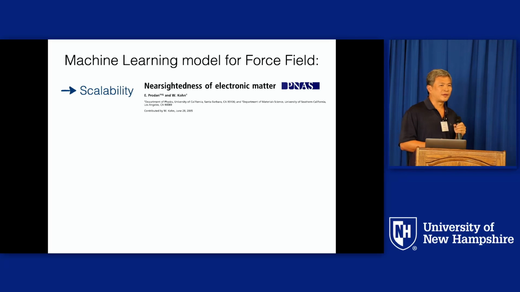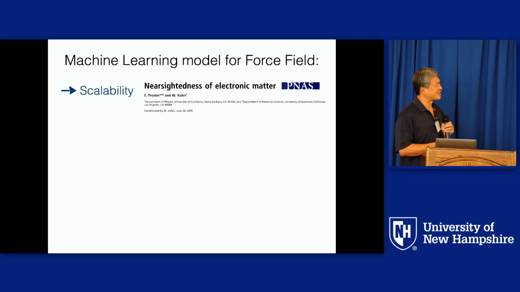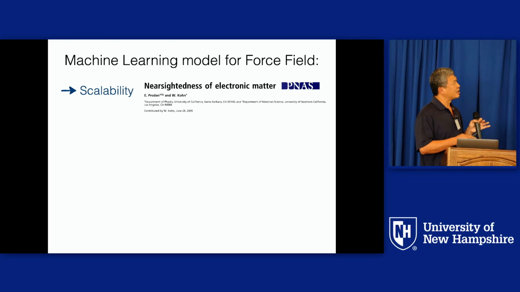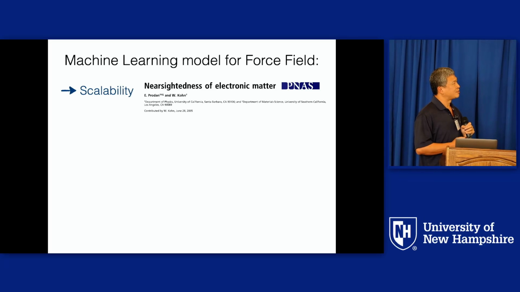And a lot of linear scaling electronic structure methods rely on this locality principle, for example, kernel polynomial methods or continued fractions. They all rely on the fact that the Hamiltonian is sparse, and that's what makes the methods linear scaling. But machine learning can incorporate this locality principle very naturally into your force prediction.